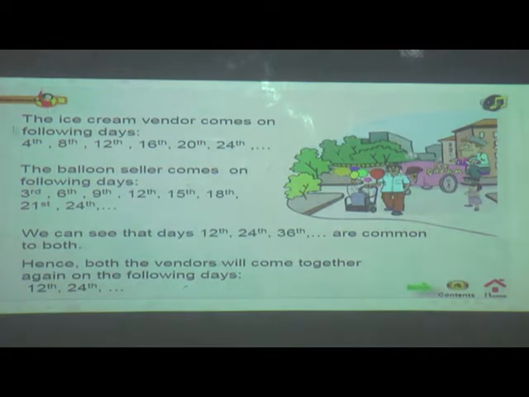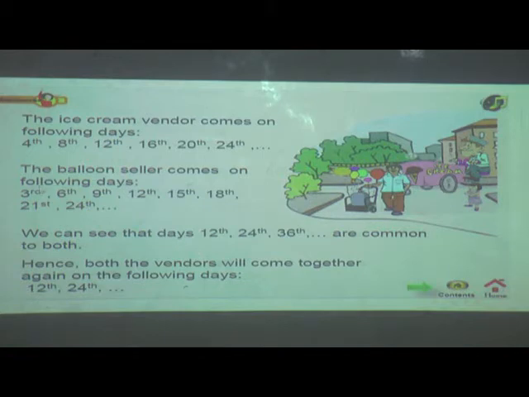See here, the ice cream vendor comes on the following days: every 4th day, 8th day, 12th day, 16th day, 20th day and 24th day. The balloon seller comes on the following days. He comes after every 3rd day.